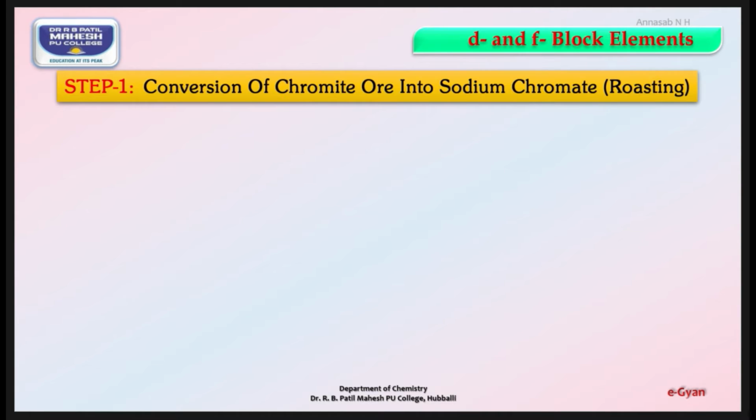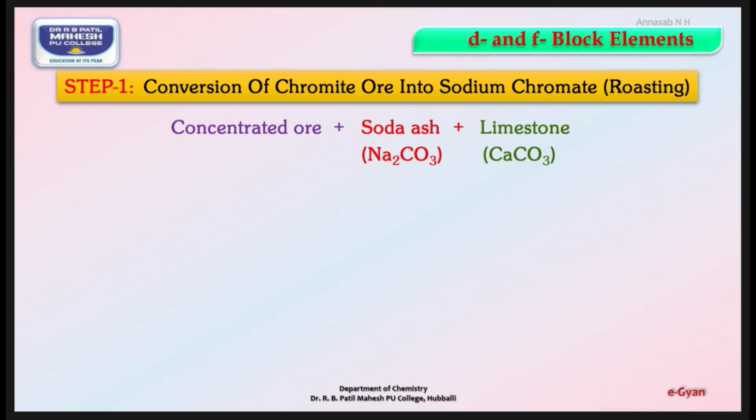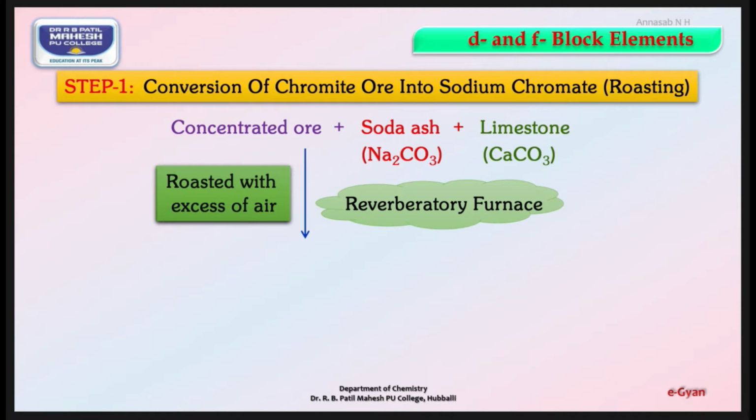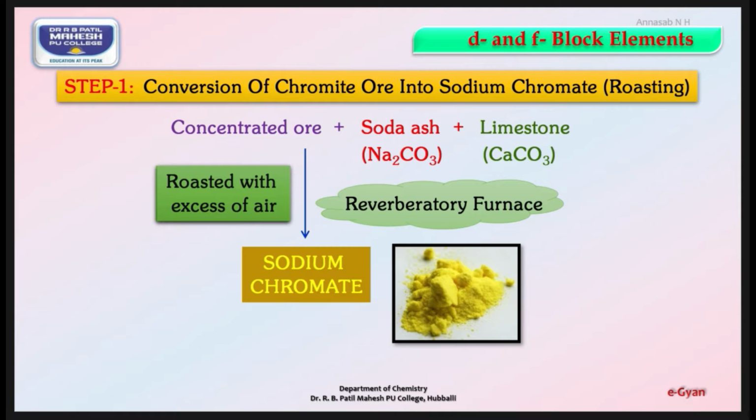Step 1. Conversion of chromite ore into sodium chromate. The process is known as roasting. Here the concentrated ore of chromite is mixed with sodium carbonate, also known as soda ash, and limestone, and the formula is calcium carbonate, which is roasted with excess of air in a reverberatory furnace, gives a yellow colored substance which is known as sodium chromate.